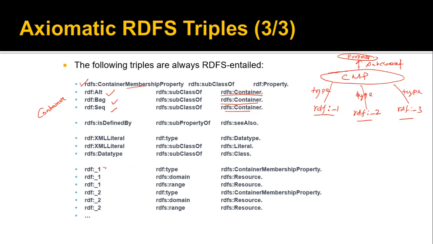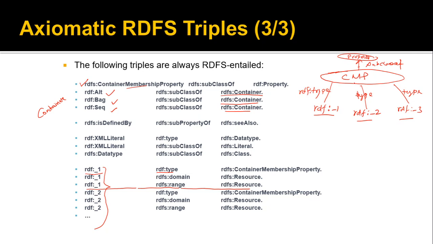And you can see that for this rdf:_1 to rdf:_n, whatever you can see, for the property numbered one, we can do the same thing for the others as well. So this rdf:_1 is a type of container membership property. You see we have written something here, right?